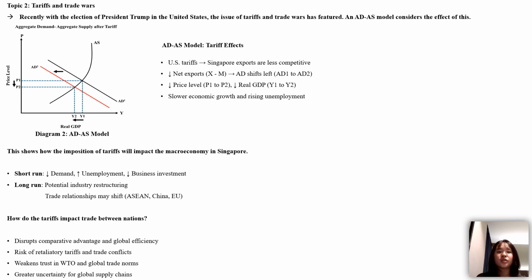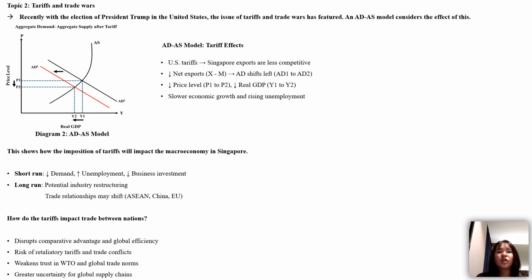Looking at the global trade perspective, tariffs undermine comparative advantage, where countries specialize in producing what they are best at. These protectionist policies reduce global efficiency and may lead to retaliatory tariffs, sparking trade tensions. They also weaken institutions like the WTO and create uncertainty in global supply chains.